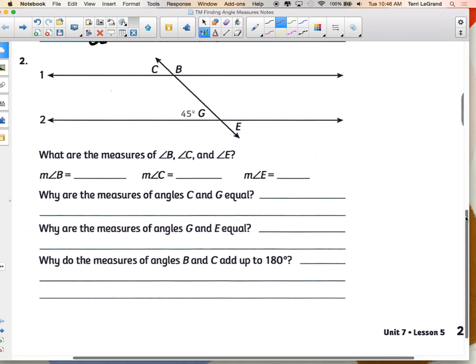Okay, let's look at number 2. We have to find angle G. The measures of angles B, C, and E were given. Okay, anybody got somewhere for us to start? Which one do you want to start with?